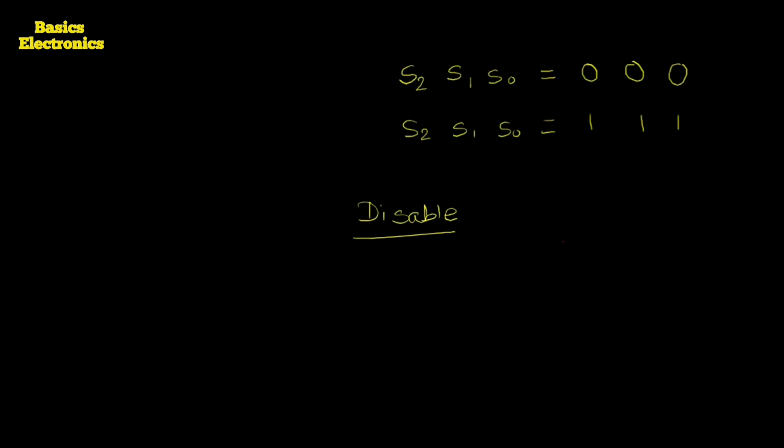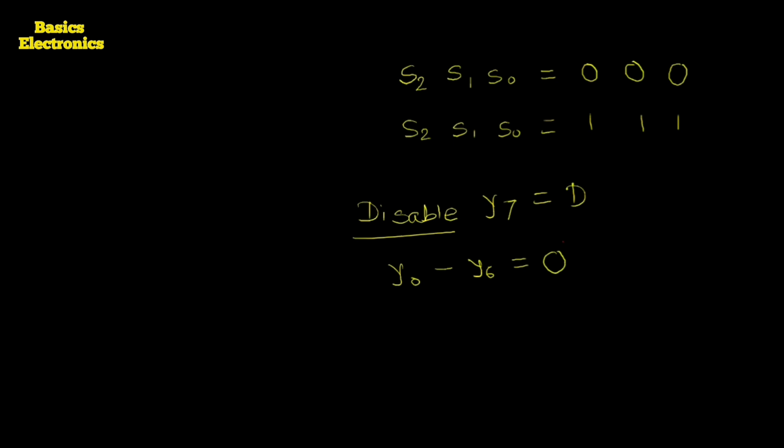So the output y7 equals d, and from y0 to y6 the lines equal 0, because all these AND gates are in disable condition.